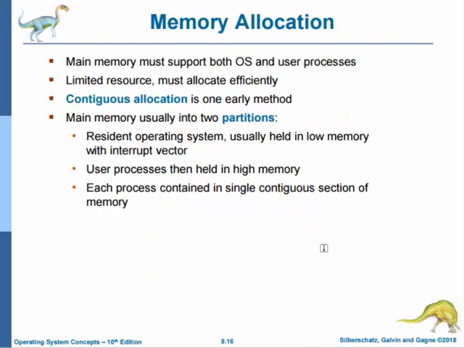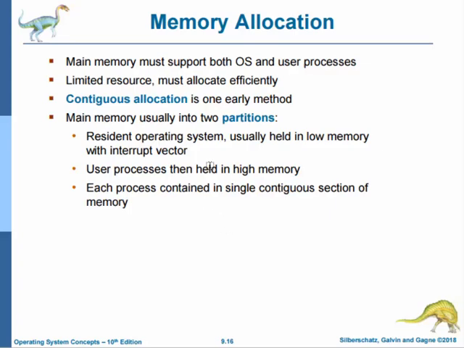The main memory must accommodate both the operating system and the various user processes. So we therefore need to allocate the memory in the most efficient way possible. This section will explain one early method, which is contiguous memory allocation.